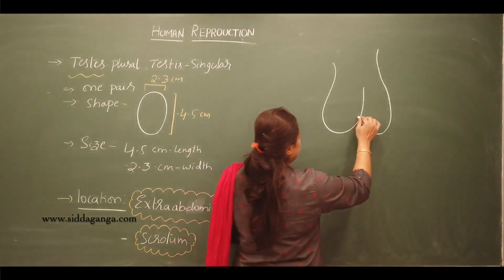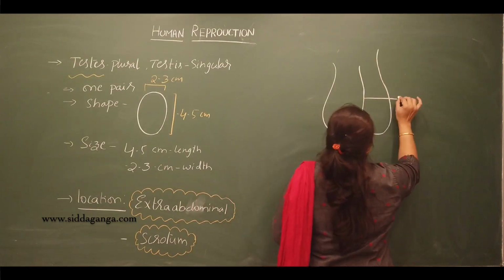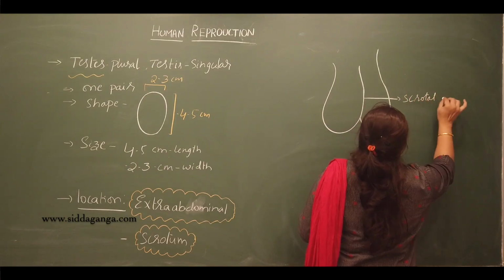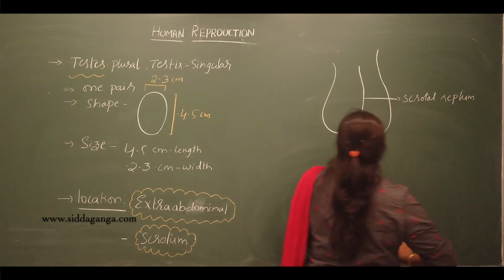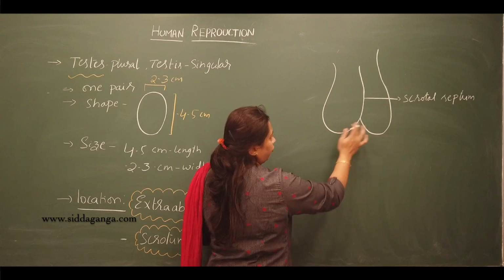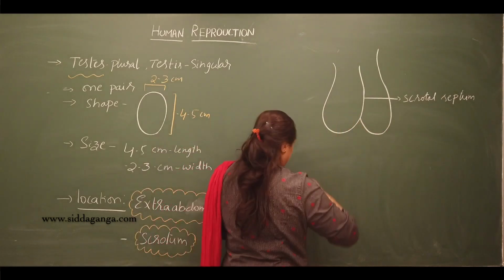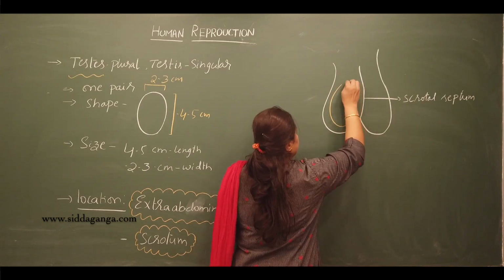Okay, so this is the scrotal septum. This septum will divide the scrotum into 2 compartments called scrotal sacs. Each sac is going to hold 1 testis.